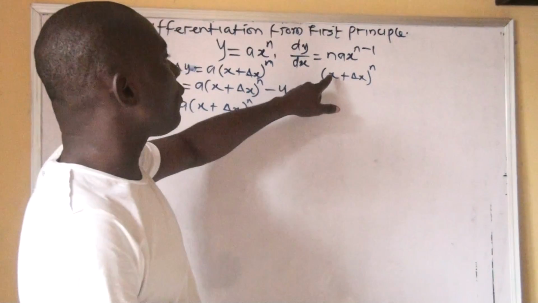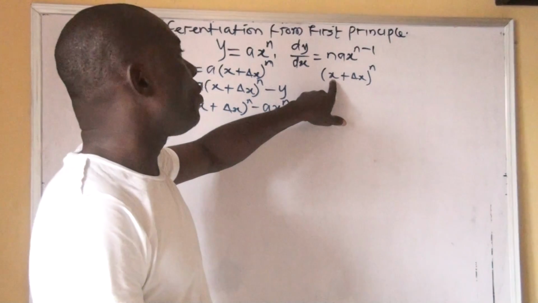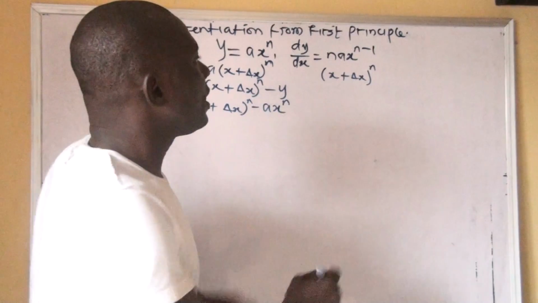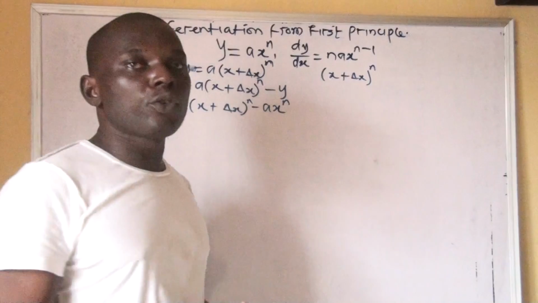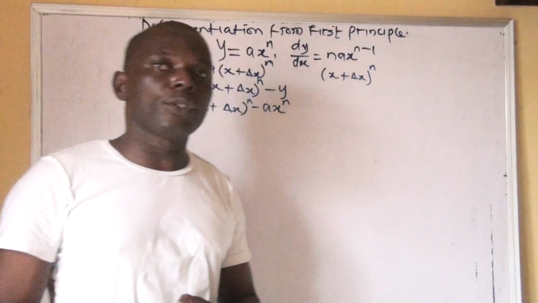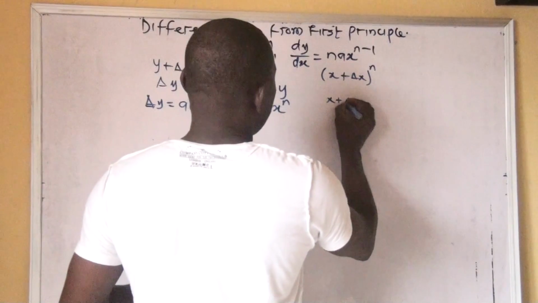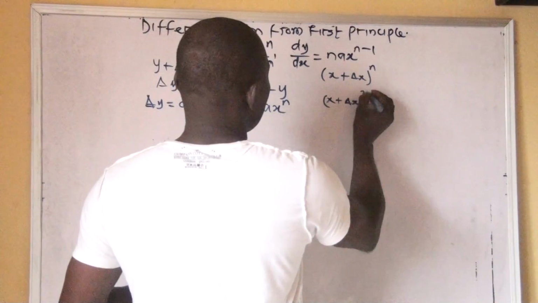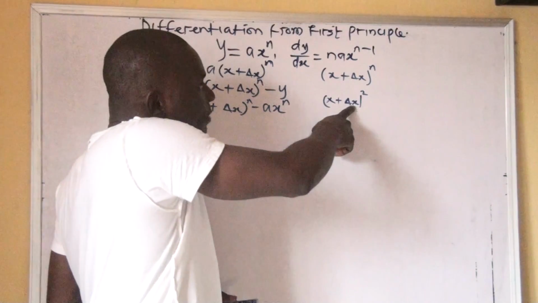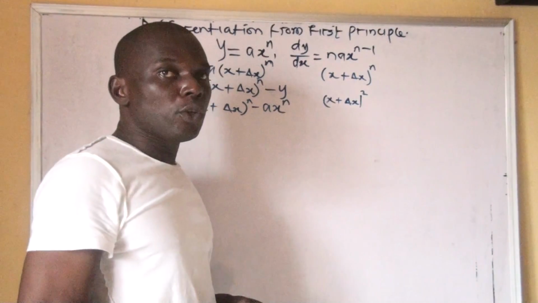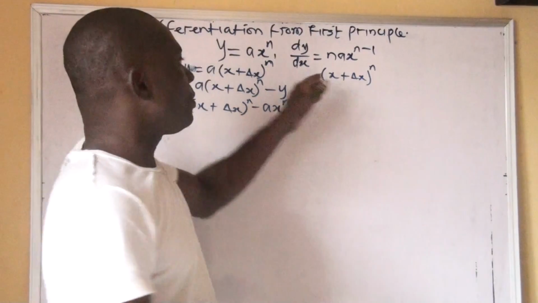The highest power of x will be x raised to power n, and the highest power of delta x will also be delta x raised to power n. That simply means that if we have x plus delta x raised to power 2, for instance, the highest power of x will be 2, and the highest power of delta x will also be 2. With that idea, we adopt it here.